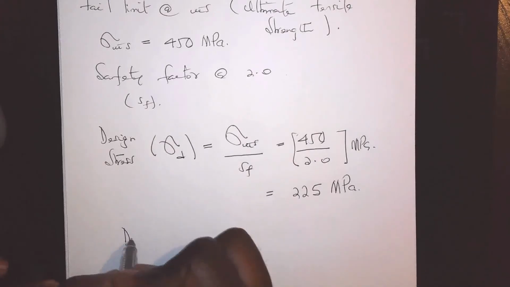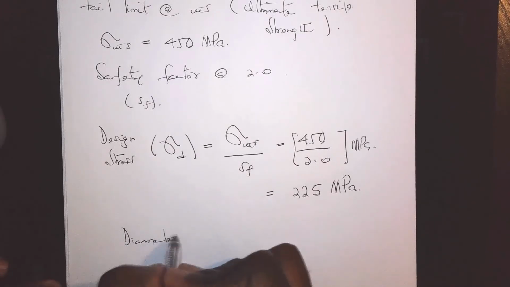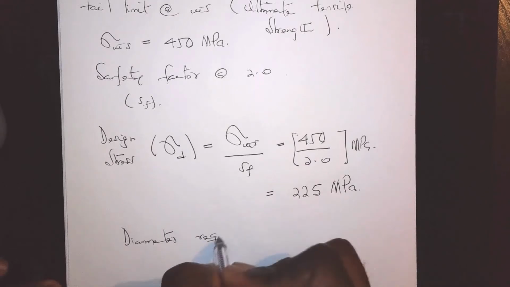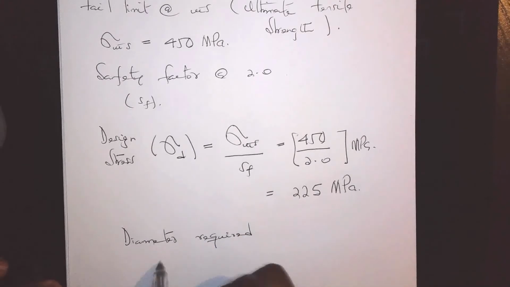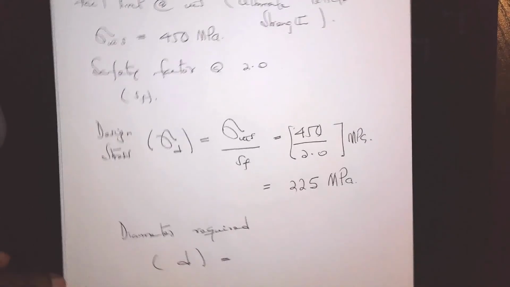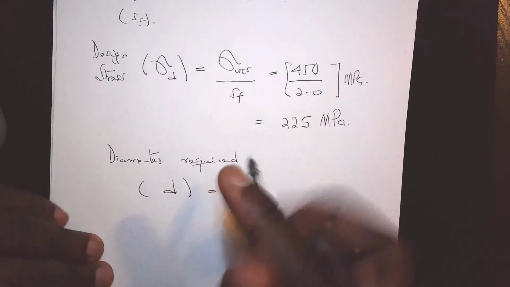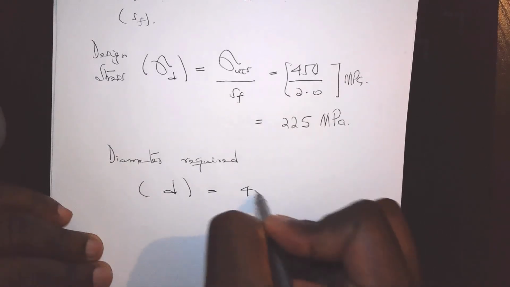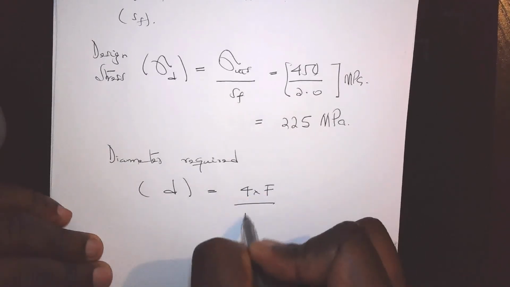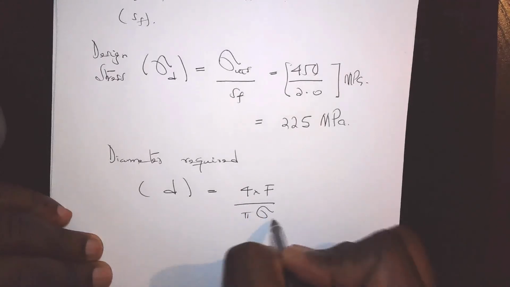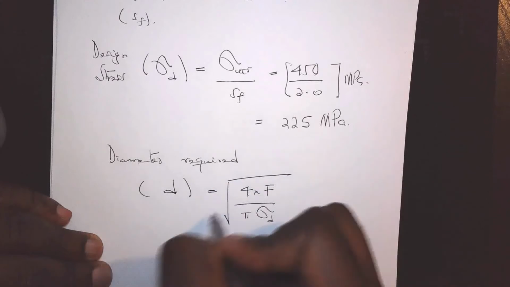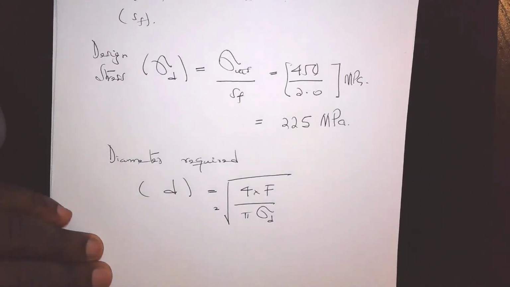So the diameter required, D, will be equal to the square root of 4 times F over pi sigma d. Okay.